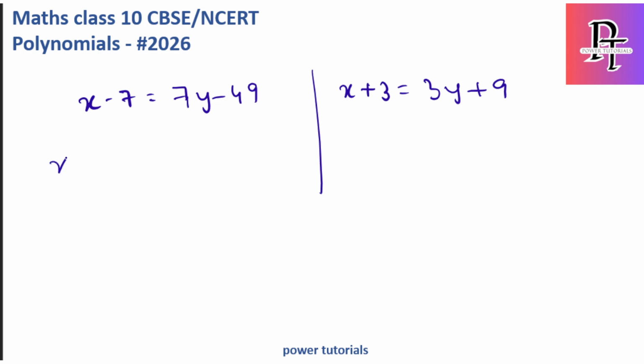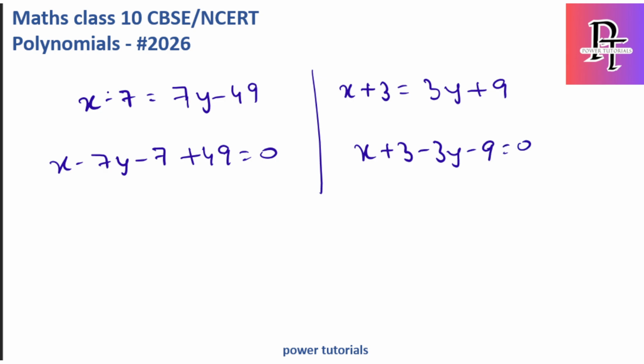So this becomes x minus 7y minus 7 plus 49 is equal to 0. Here it will be x plus 3 minus 3y minus 9 is equal to 0. Now if I calculate the numbers, it becomes x minus 7y plus 35 is equal to 0. Here it will be x minus 3y, 3 minus 9 is minus 6, is equal to 0.